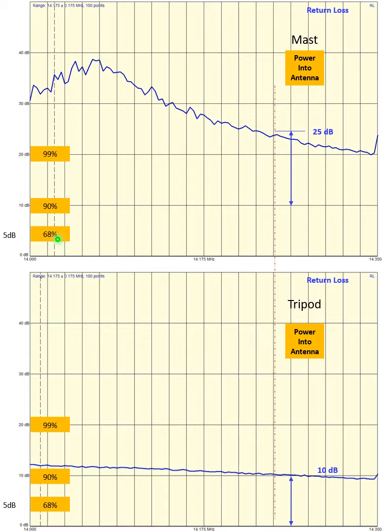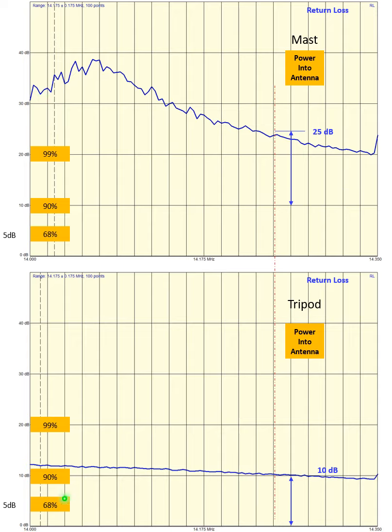So at 5 dB, it's 68%. If we're at 10, we get 90% to the antenna. 20 gives us 99. If we're higher than that, we're going to get more than 99, but you ain't going to get more than 100. So you get very little change in the actual power to the antenna if you get much over 20 dB.